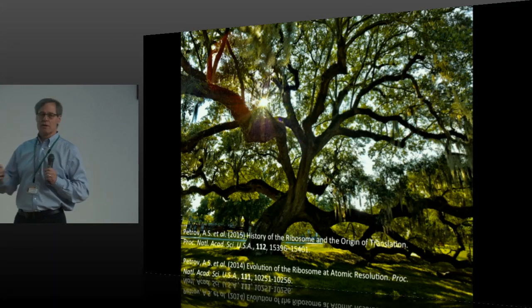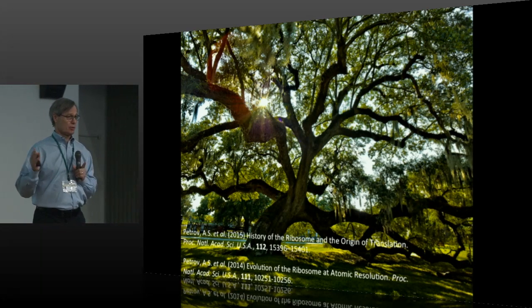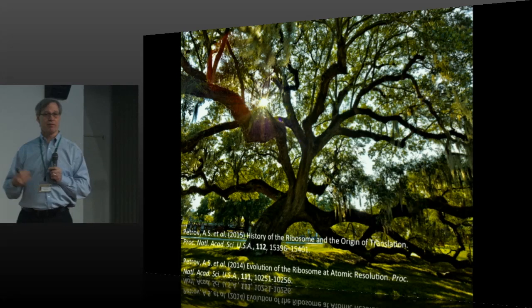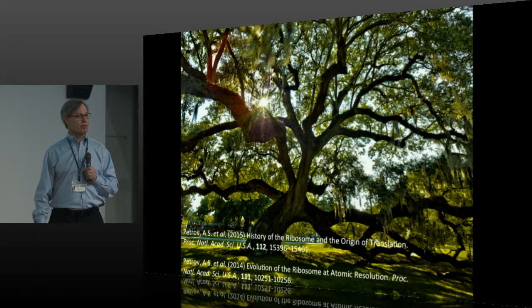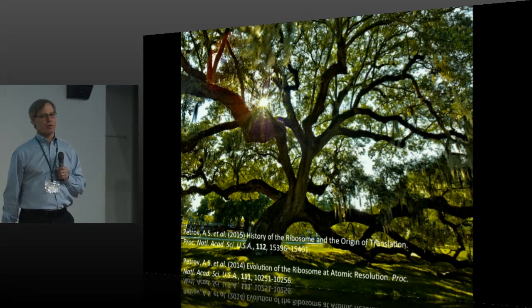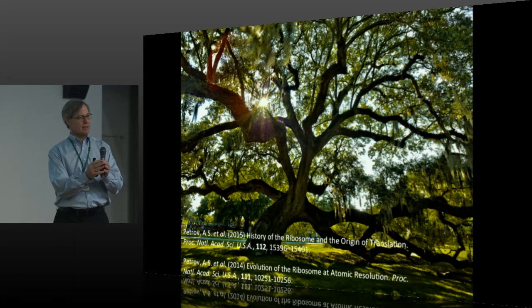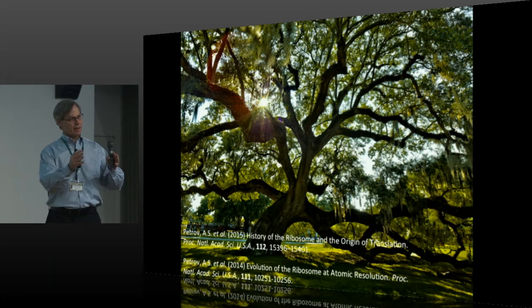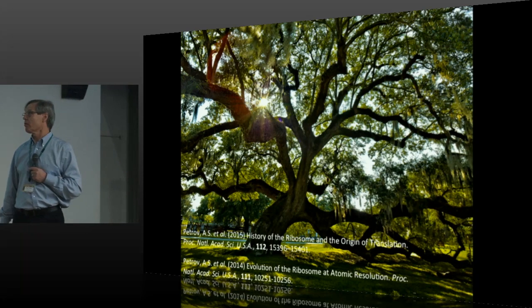Okay, so now I want to use this tree analogy because the ribosome is very similar to a tree in that a tree records its history, and it does that because it grows by accretion. If the tree died out every year and regrew the next year, then it wouldn't record its history, right? The reason a tree records history is that something happens, and then that doesn't change. You add layers and layers, you add twigs and branches, and you don't perturb the underlying thing when you have growth processes.